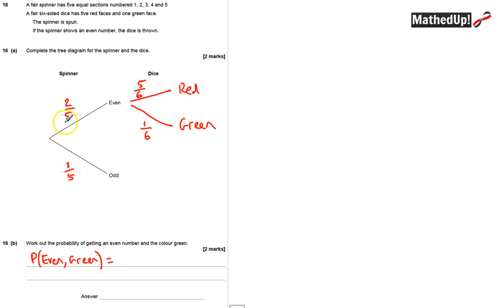And that's going to be equal to, well, the probability of getting an even number is going to be 2/5, and the probability of getting a green is 1/6, and using our AND rule, we need to multiply those together, and 2/5 times 1/6 is going to be 2 times 1, which is 2, 5 times 6, which is 30. So 2/30 simplifies to 1/15. So our answer is going to be 1/15.